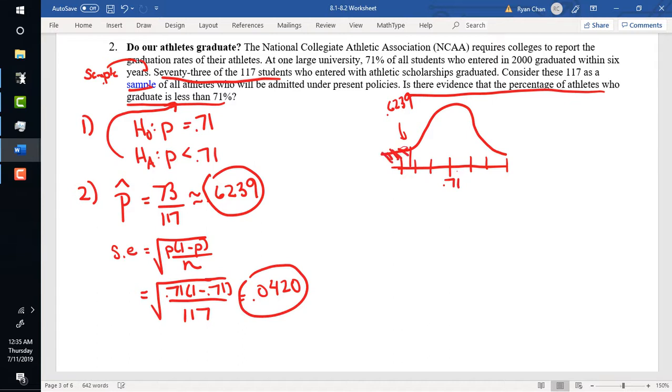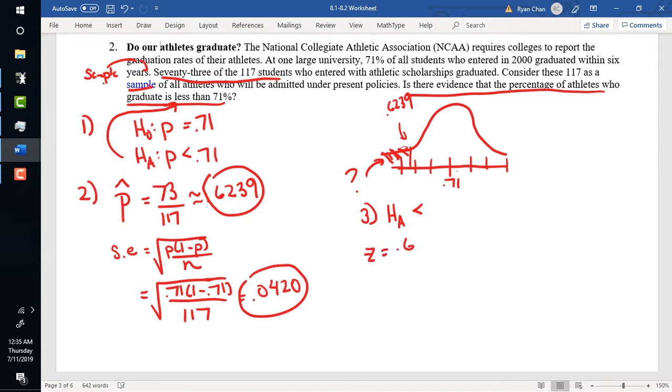So I'm actually shading this area. I'm trying to find this area right here, since my alternative is going to the left and it's less than.